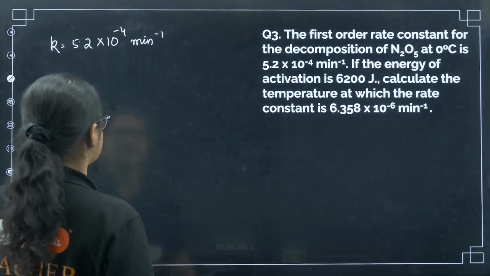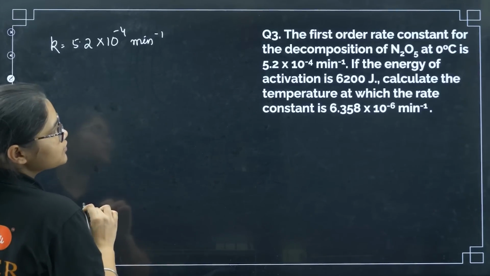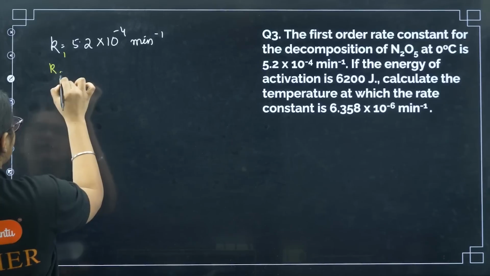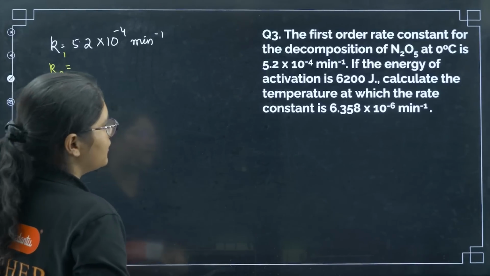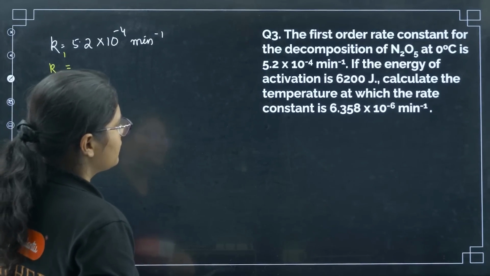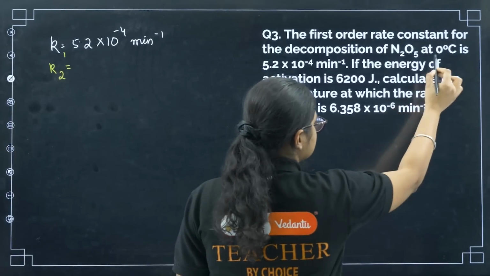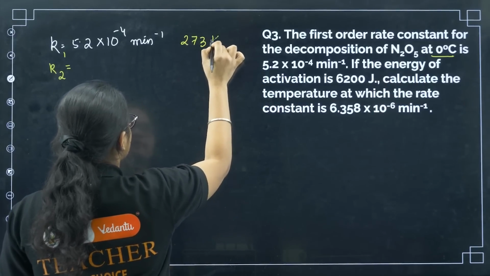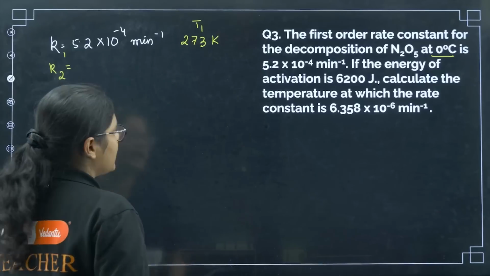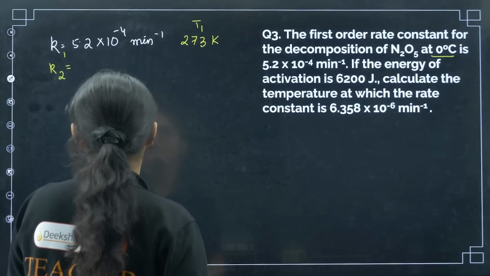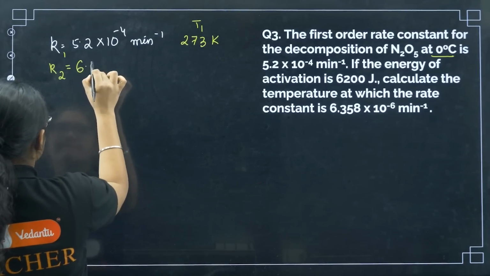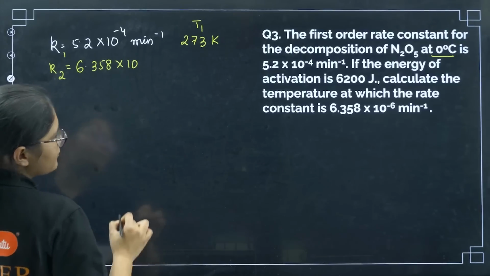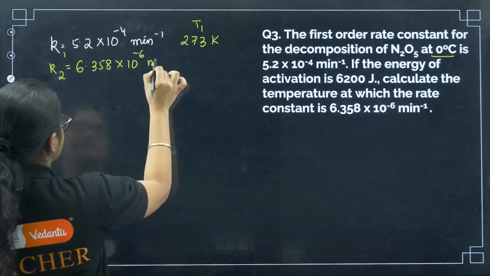Fine, this is from your Arrhenius equation. We have a K1 value here at 0 degrees Celsius, which is 273 Kelvin, T1. And next I have 6.358 into 10 to the power of minus 6 minute inverse.